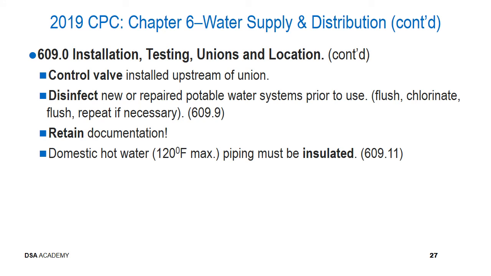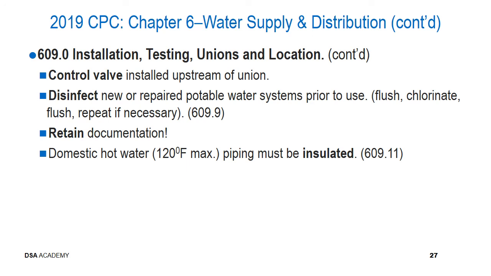A couple more code required installation processes involve the installation of a control valve, which is installed upstream of the union. Obviously, the reason for this is so that the repairmen or maintenance personnel can actually shut the water supply off to the equipment before they unhook the union.